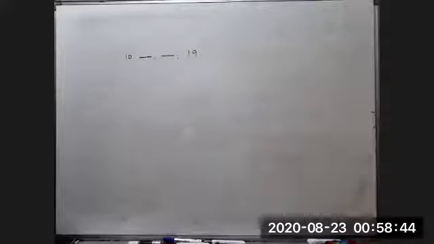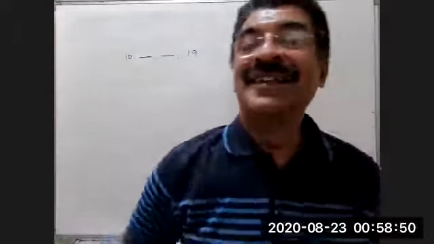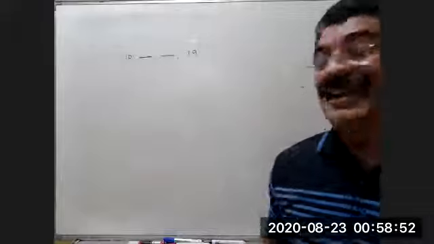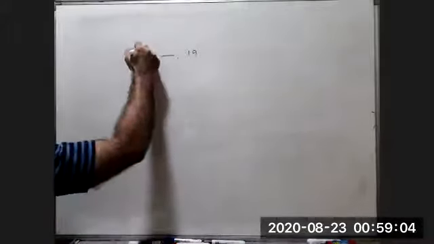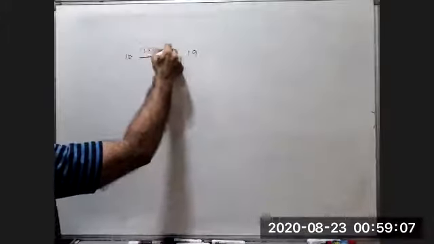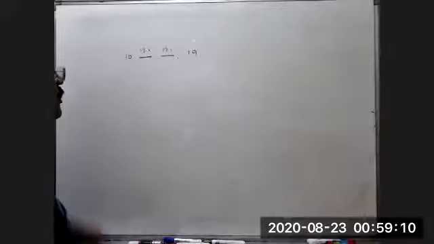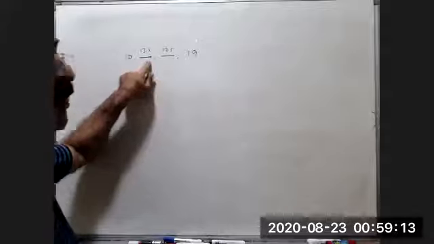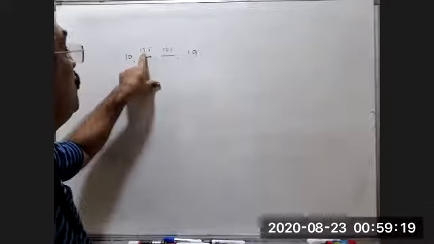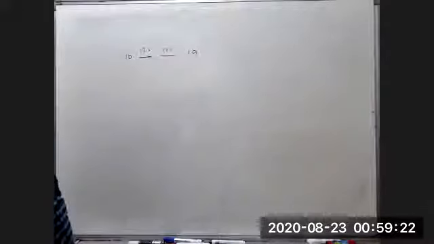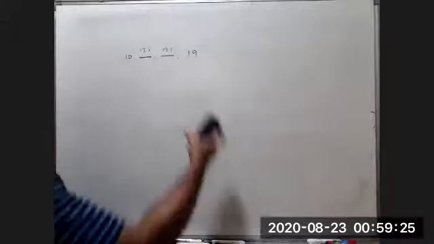Some of you got 13.5, 17.5. Difference between 10 and 13.5 is 3.5. So adding 3.5, we have to get the next one. 13.5 plus 3.5 is 17 only, not 17.5. So it is wrong.